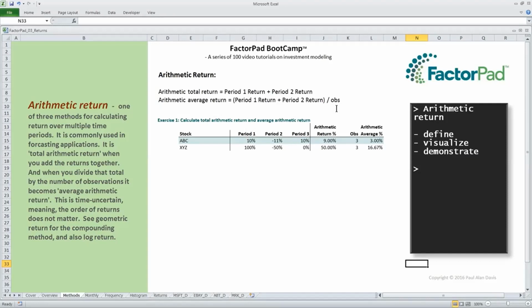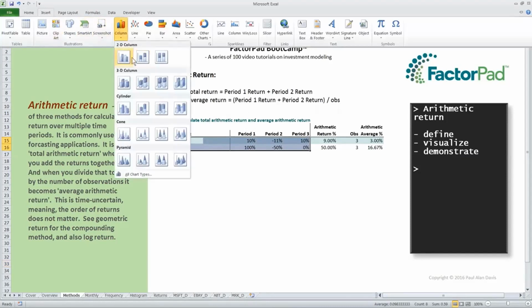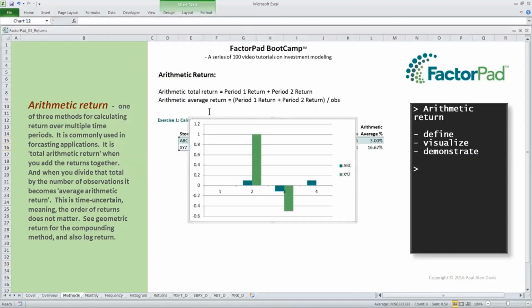I put the total here in parentheses because that's similar to what you do in Excel. Let's peek at the chart because often the eye picks up something you might not see in a table. Okay, looks good. Let's walk through the total and average using 2 hypothetical stocks over 3 periods.